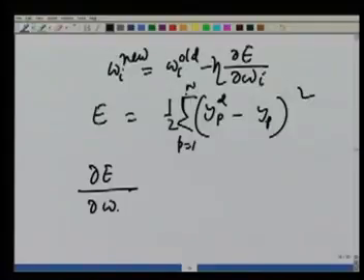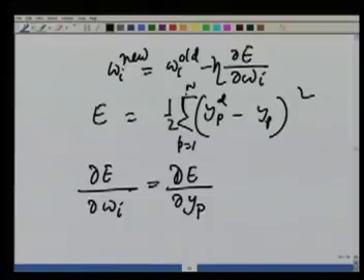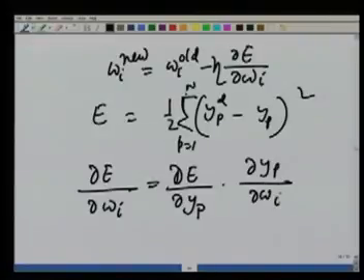So, del E by del W_i is half, sum of the terms with del y_p over del W_i.